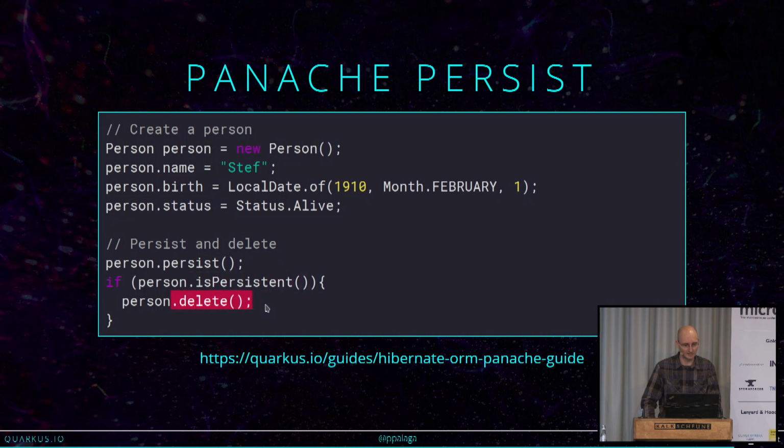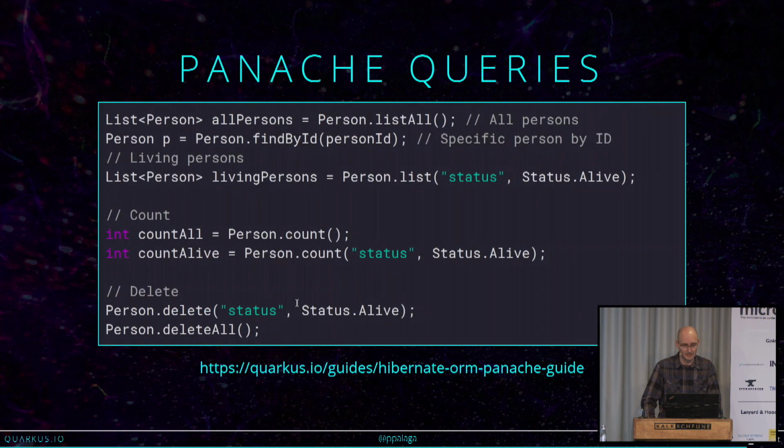The same for deletion. You can list entities using these static methods, and this is by ID and filtered. And all those methods get generated for you automatically if you extend the Panache class and use the entity annotation.